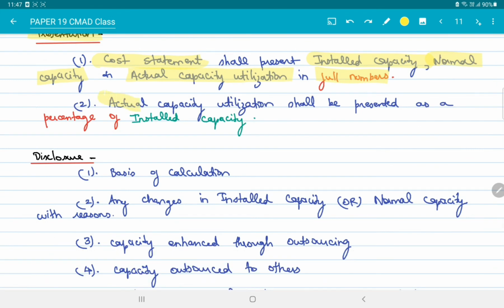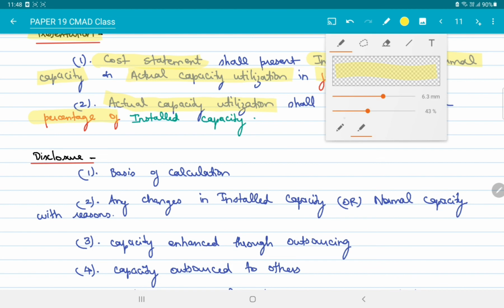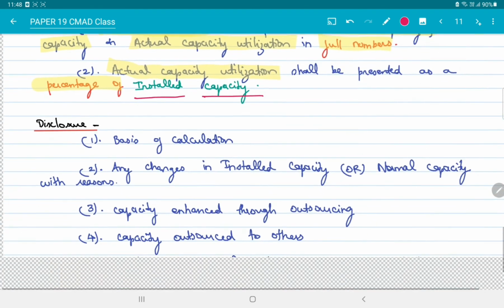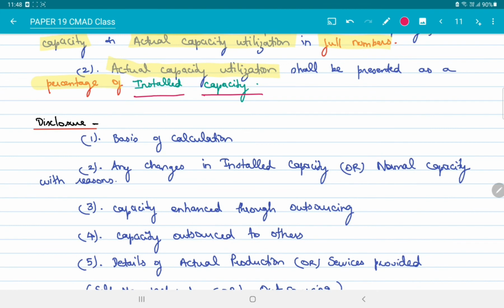And actual capacity utilization alone shall be presented as a percentage of installed capacity.